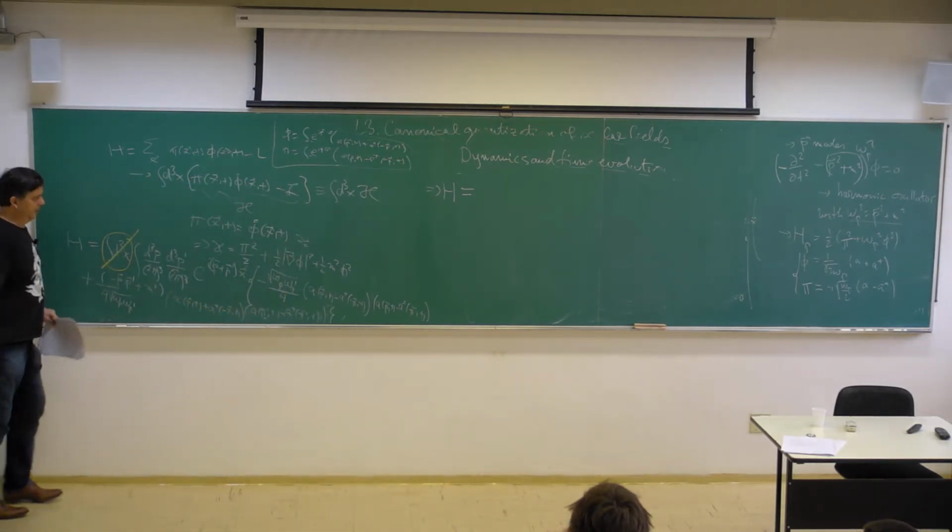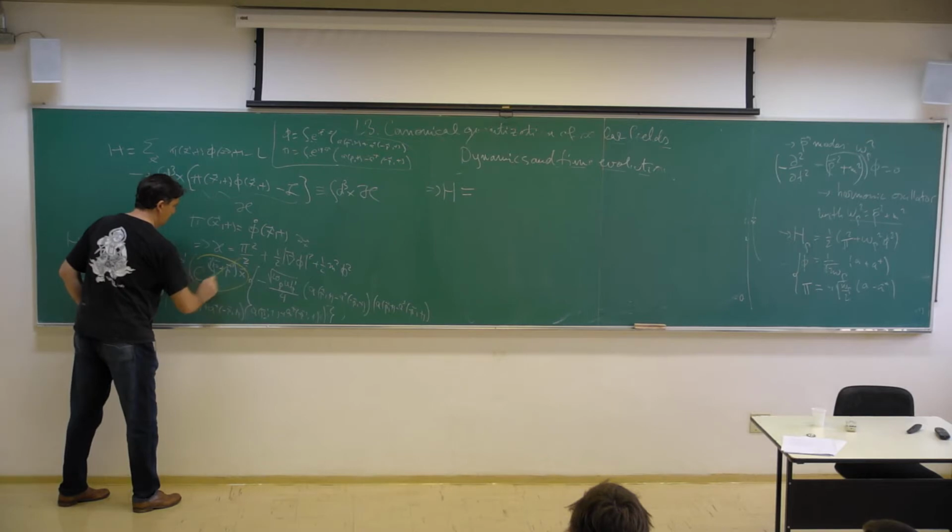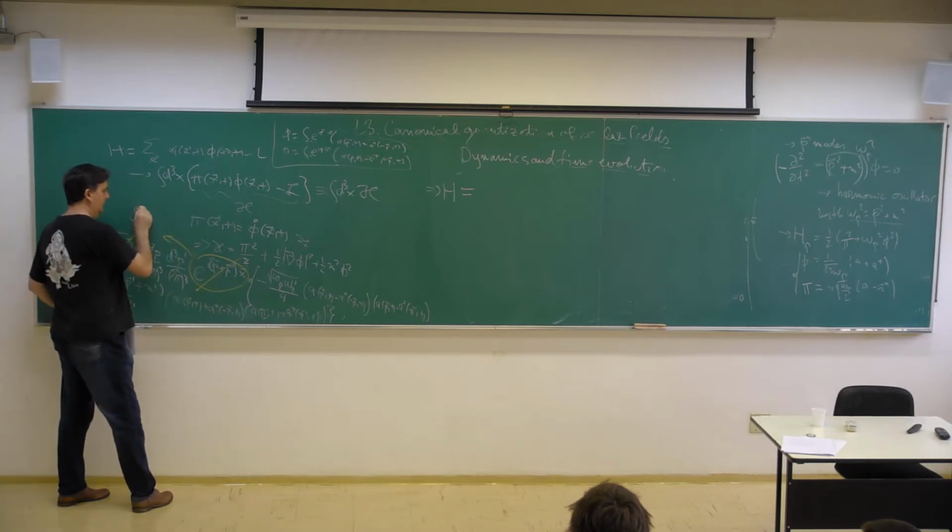So I do the integral over x, I get delta 3 of p plus p prime, right?